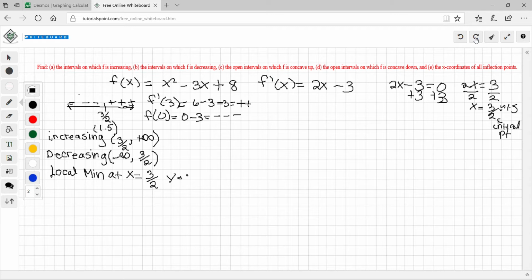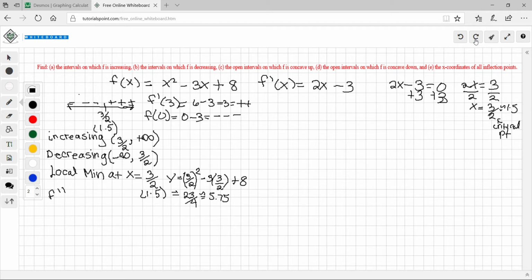Since we only know the x value of the local min, to find the y value you plug it back into the original equation, x squared minus 3x plus 8. When you do all the math, you get 23/4, which is 5.75. So the coordinate for our local min is x equals 3/2 and y equals 5.75.